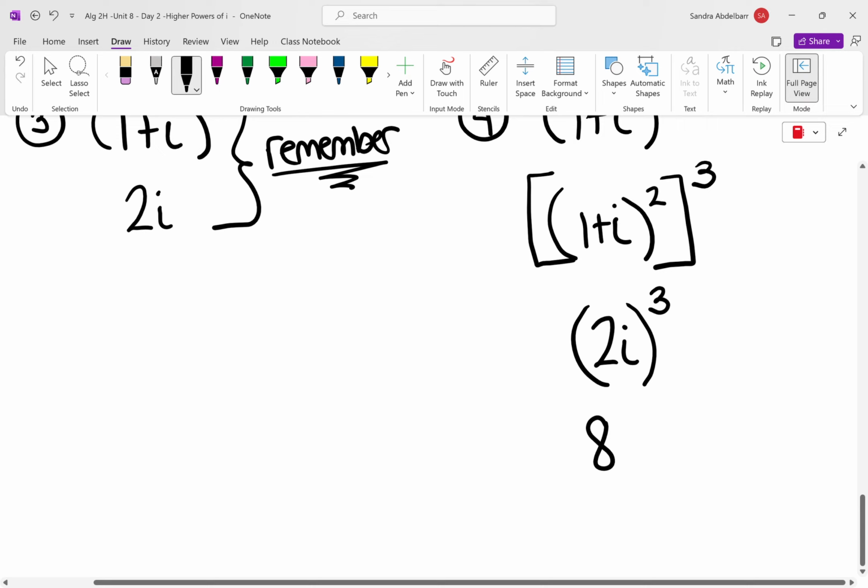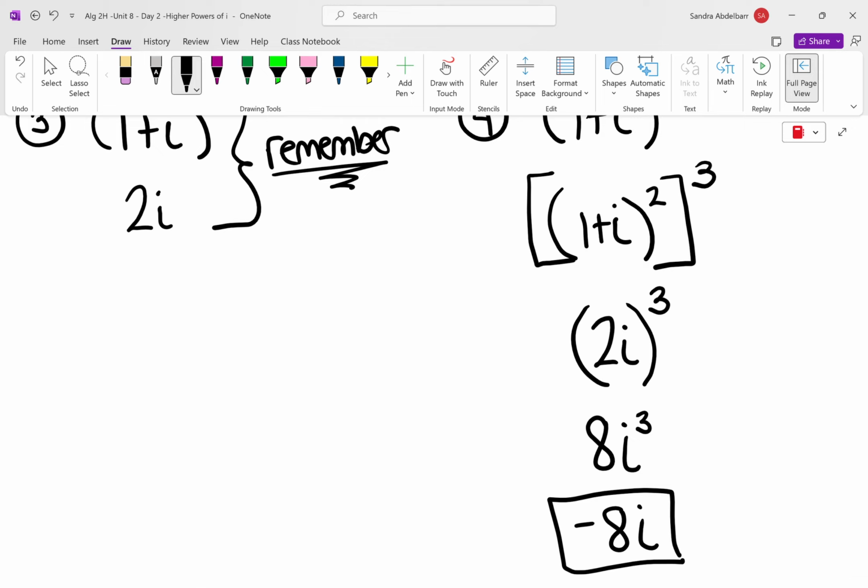Yeah, because it's a monomial. So this is going to give us 8i cubed, which is just negative 8i. See how much easier that problem became just by knowing that (1 + i)^2 is a monomial?